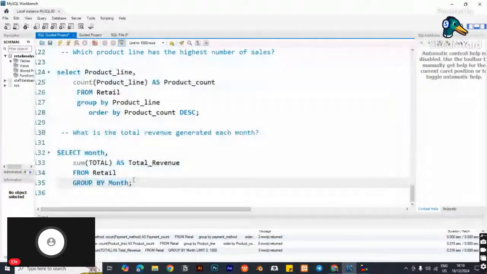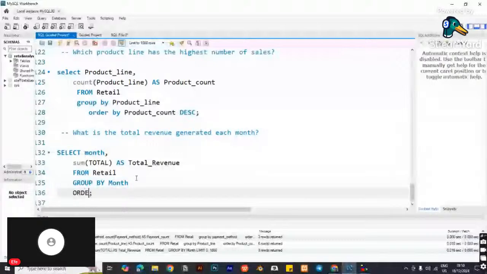So let's order it. So we can say order by. So now you know why we're ordering by, so that we don't just cram it and not understand the syntax. So we order by total revenue.